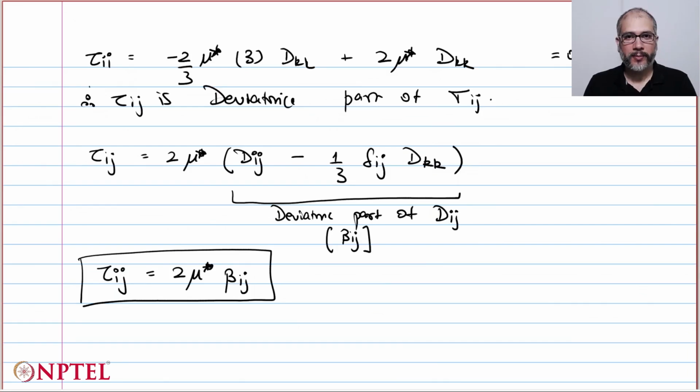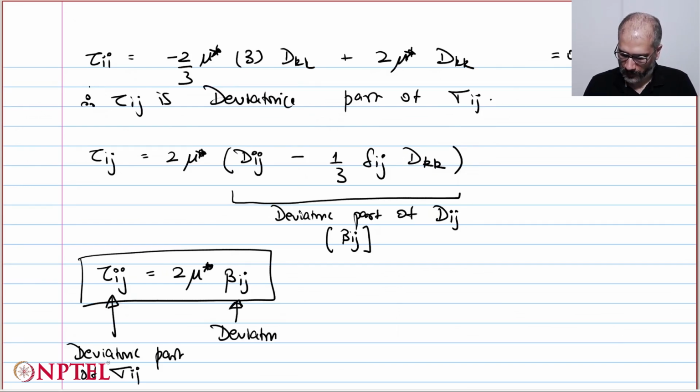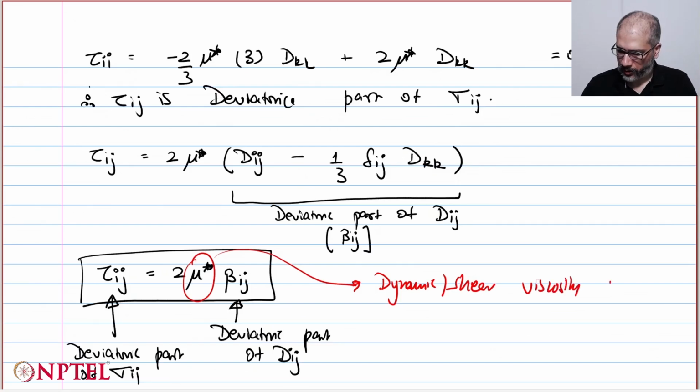And that's very easy to remember now. So what is tau? Tau is the deviatoric part of sigma ij, the Cauchy stress tensor, and beta is the deviatoric part of the rate of deformation tensor dij. And mu star is our dynamic or shear viscosity coefficient. So when we talk about the viscosity of water or honey or air, it is this dynamic viscosity mu star we are talking about.